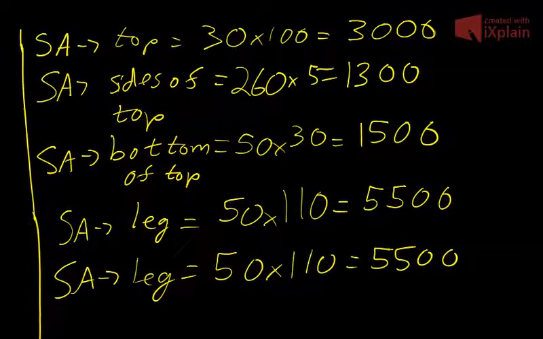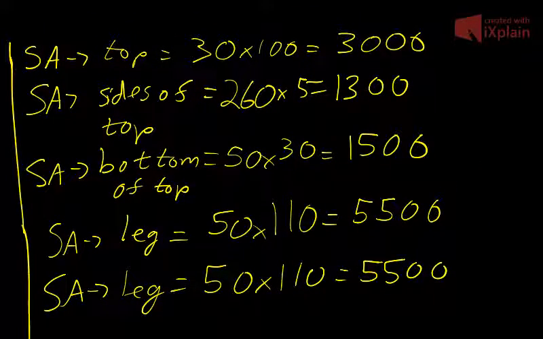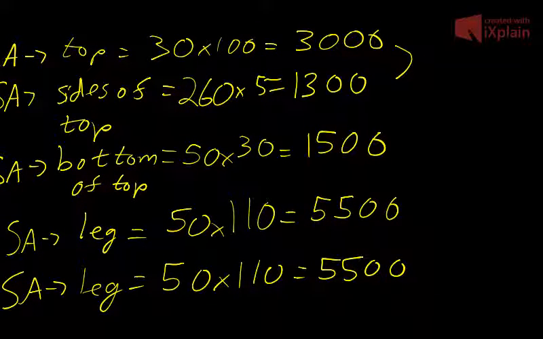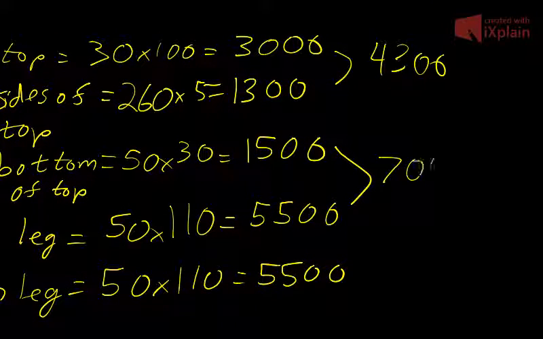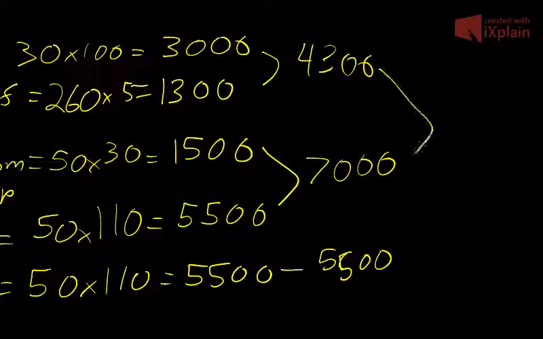Now all I need to do is add all these up, and that's going to be 3,000 plus 1,300, which is 4,300. 1,500 and 5,500 is going to be 7,000. And I still have my 5,500 here. I can add these together, and I would get 11,300.